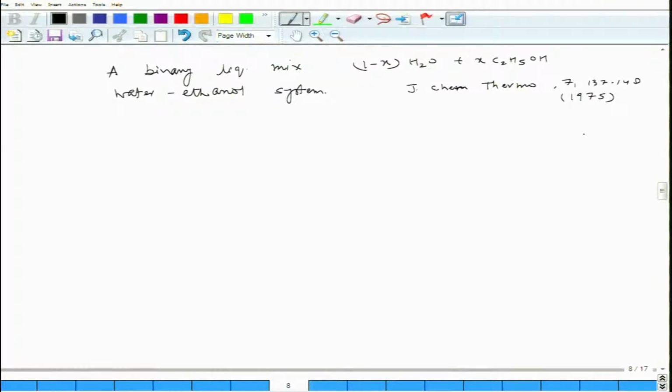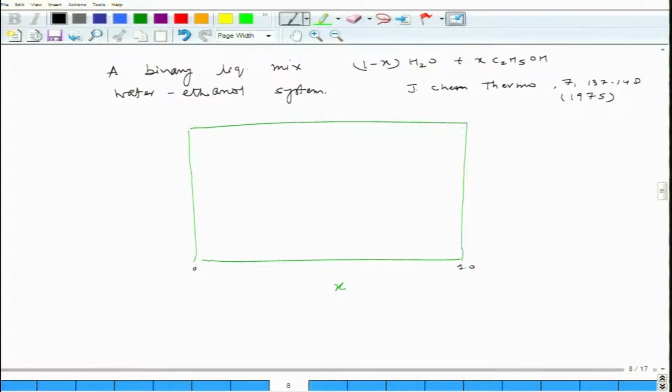So, let me just draw, again it is not on a perfect scale, but it will give us the idea. This is x, which is the composition in this binary mixture. So, this is 1, 0, so 0.2, 0.4, 0.6, 0.8.